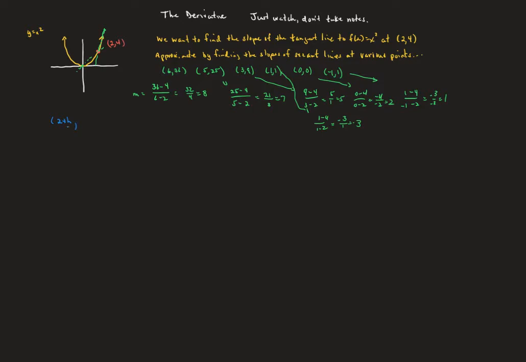And then for the y-coordinate, we would get f of 2 plus h. And so our slope of the secant line would be, if we plug in the 2 plus h, 2 plus h squared, minus our y-coordinate, 4, over 2 plus h minus our x-coordinate, 2.